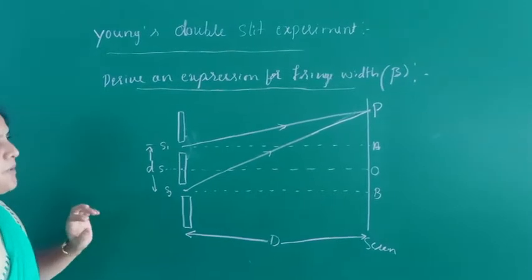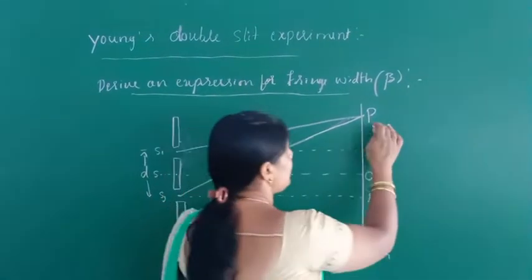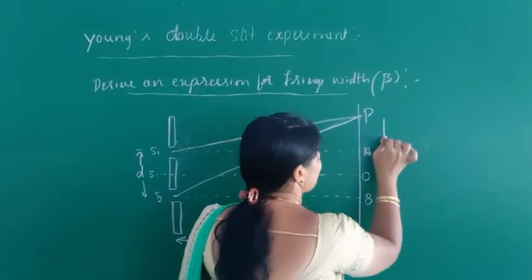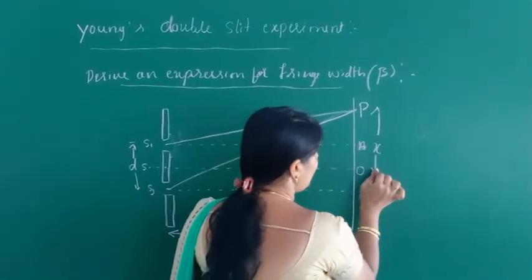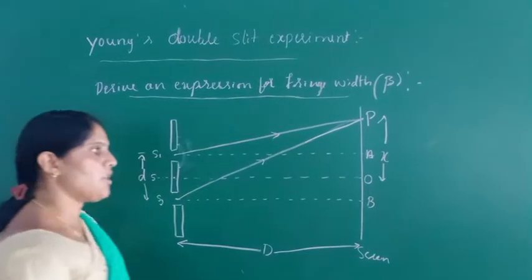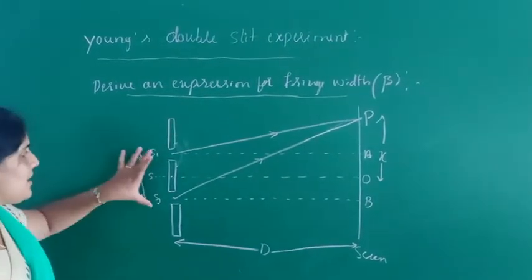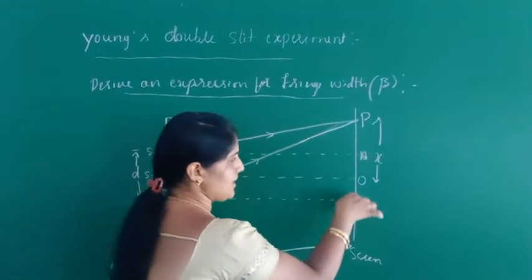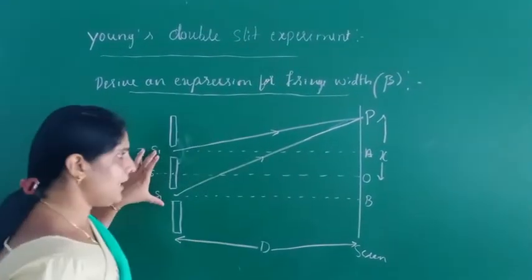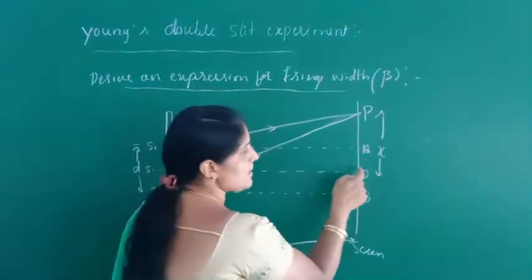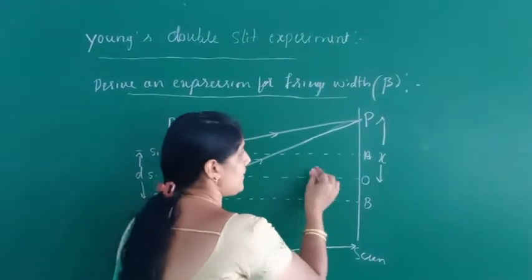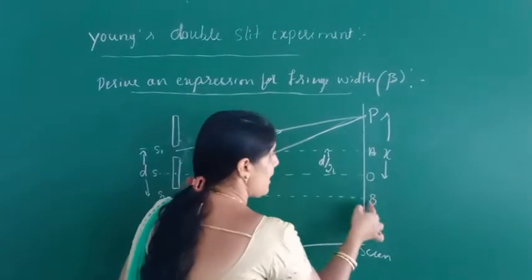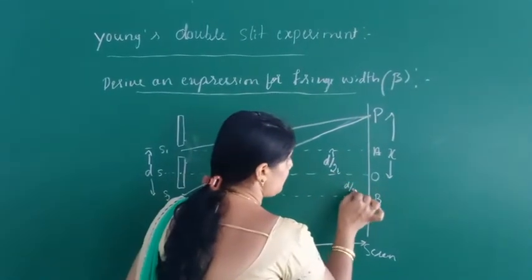Let us call the distance from point P to O as x. x is the distance between the point P and the origin O. If this distance AB is equal to d, then what is AO? AO is half of d, that means d by 2, and BO is also equal to d by 2.